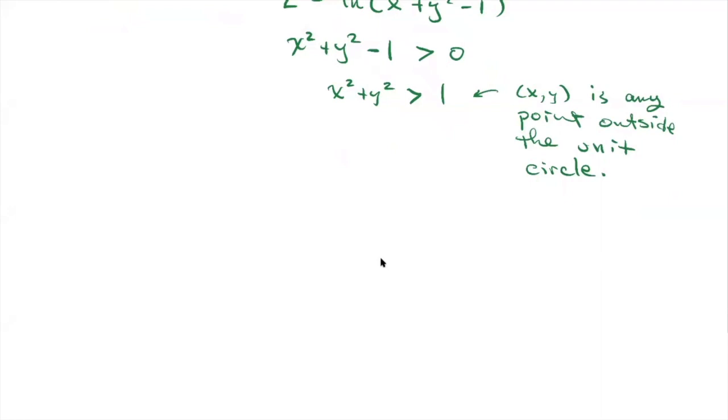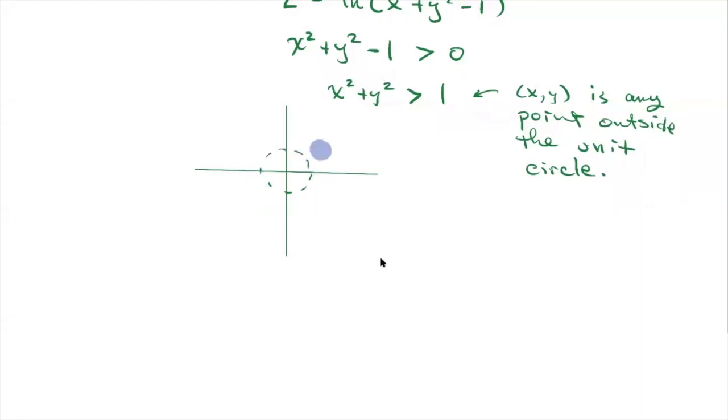And if somebody made me graph it, I would probably not do the best job. But so there's my unit circle. That's horrible, actually. I'm going to clean that up a little because it's bad. Like that. And then I would shade on the outside of that.